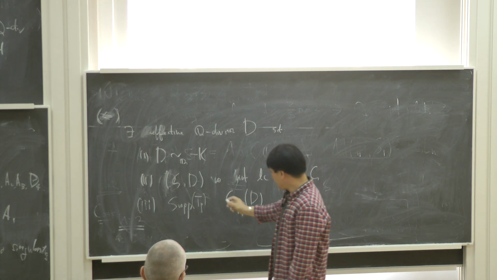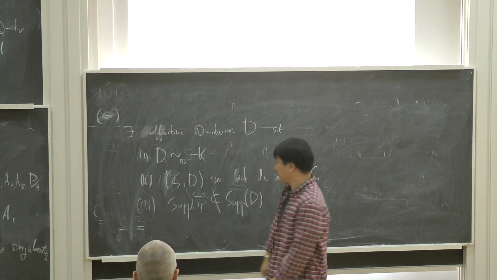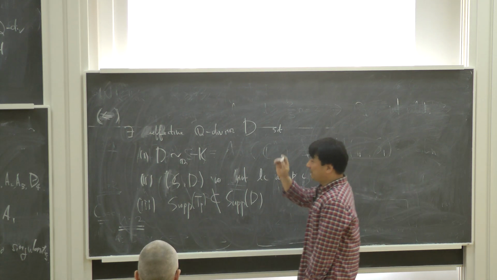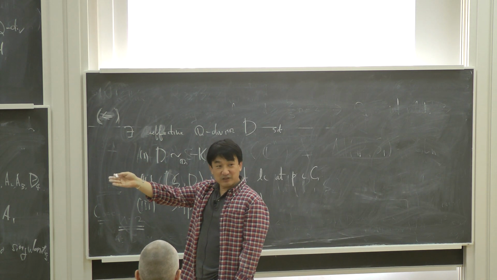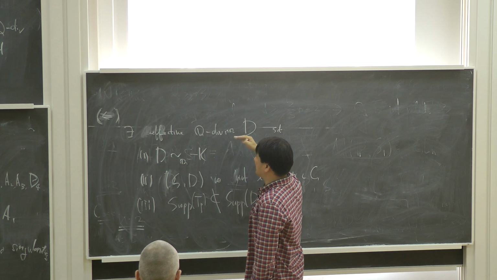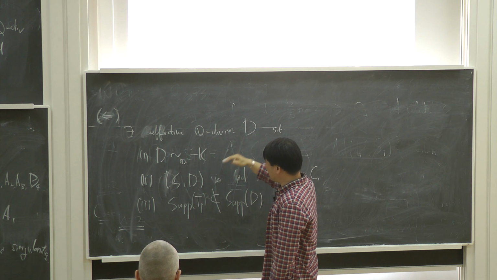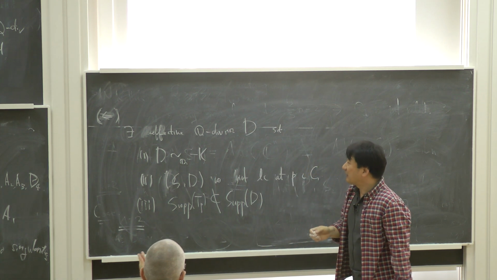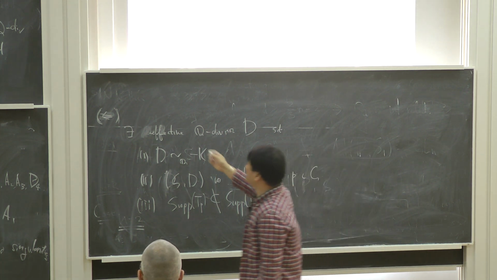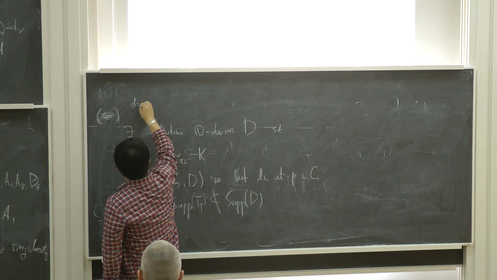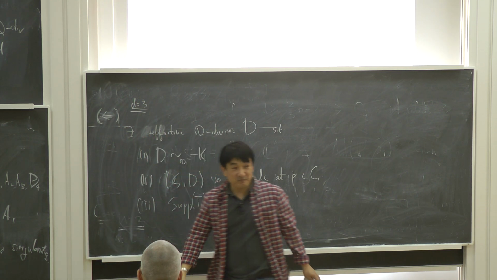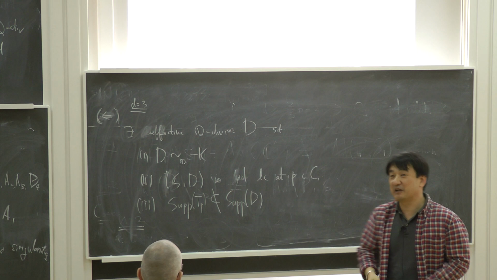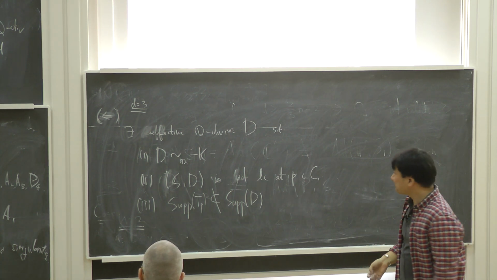Then it does not contain this. If you have the minus K cylinder, then you must have this effective divisor D, which satisfies these 3 conditions. This is for the case when the degree is 3, but the situation is similar in the other cases.